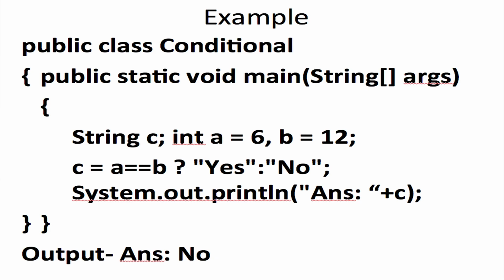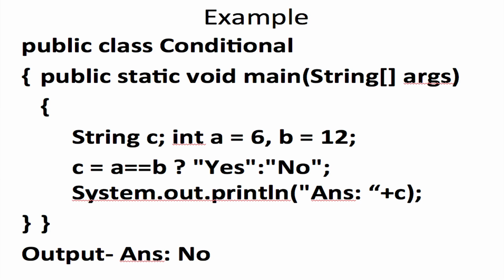If a double equals b, this condition, is true, in that case yes will be assigned to c. If a is not equal to b, in that case no will be assigned to c. Here in this program we have a and b whose values are not the same. a is 6 and b is 12, so their values are not equal.